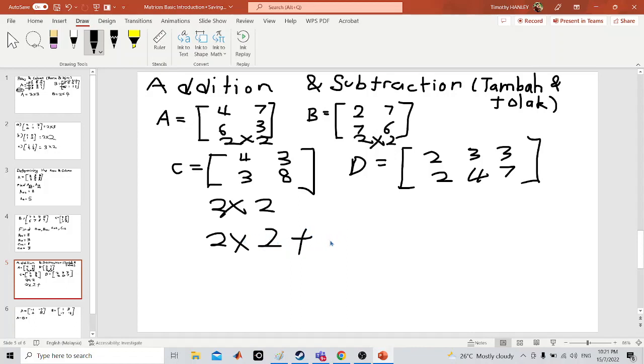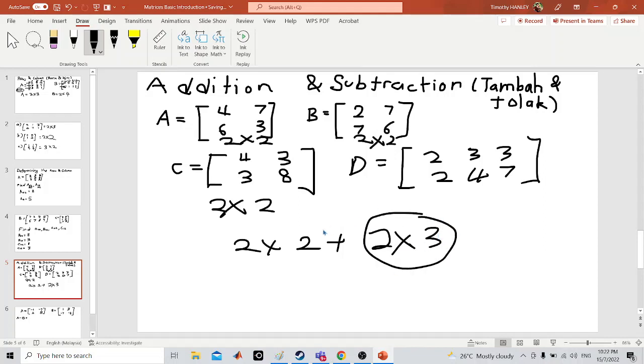For example, 2 times 2 plus 2 times 2, or 3 times 3 plus 3 times 3. Both of the matrices should have the same form. But if they have, for example, 2 times 2 plus 2 times 3, notice that it has a different form of matrix.